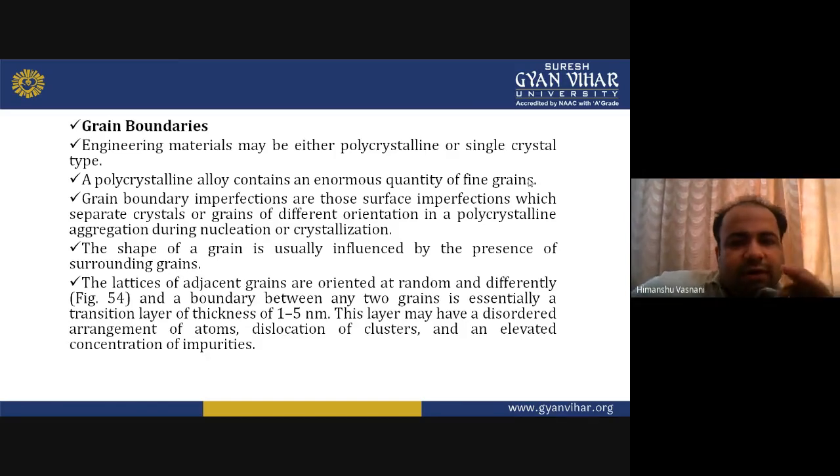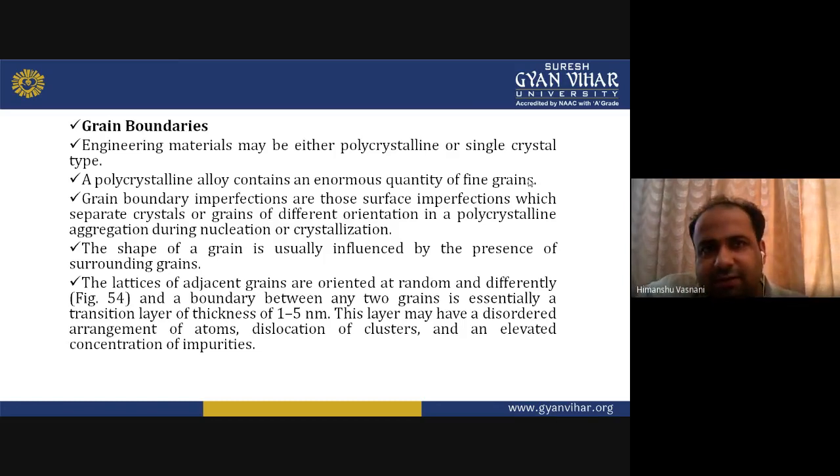The shape of a grain is usually influenced by the presence of surrounding grains. As I told you in the previous slide also, there are grains on the exterior and grains on the interior.